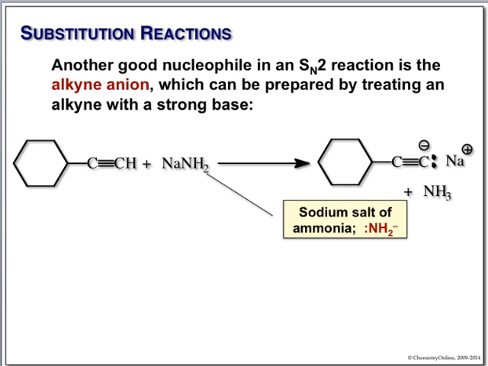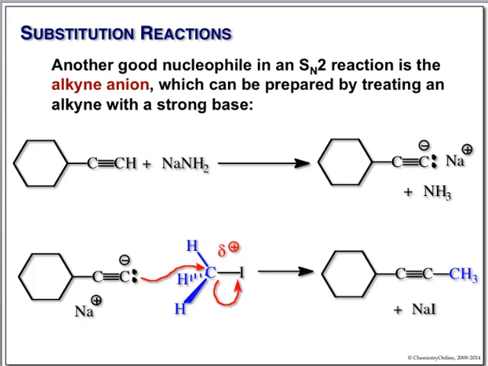What we're doing is simply removing the hydrogen from the end of the alkyne, and we're making the alkyne anion. So what we're going to do is use this then as a nucleophile in an SN2 reaction. Again, we did this in chapter 9. Here we have iodomethane, and I've simply shown attack of the nucleophilic carbon on this. Iodide leaves, and we wound up with an alkylated alkyne. So we've talked about this.